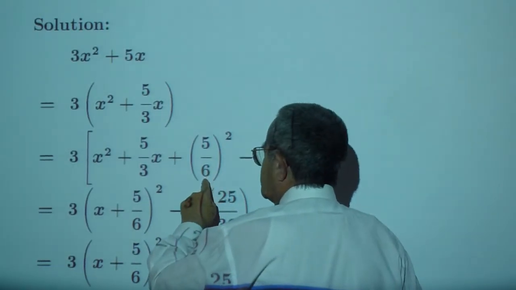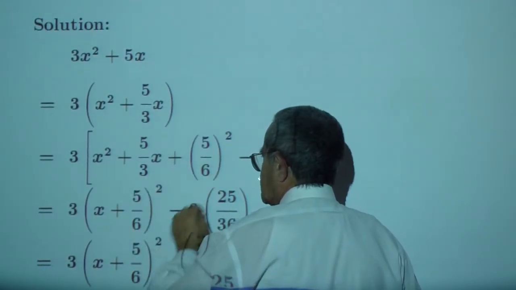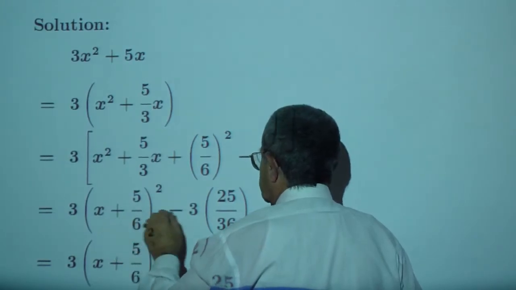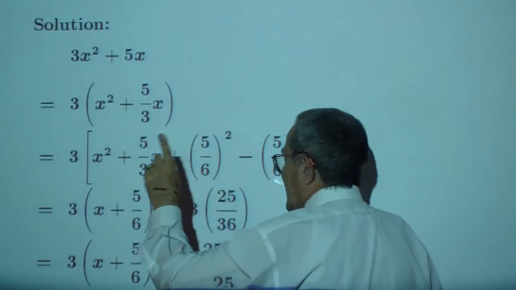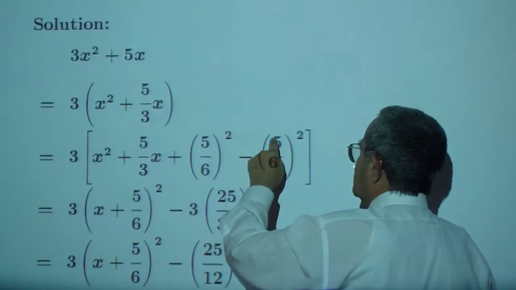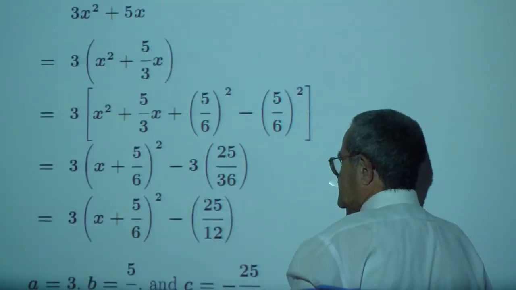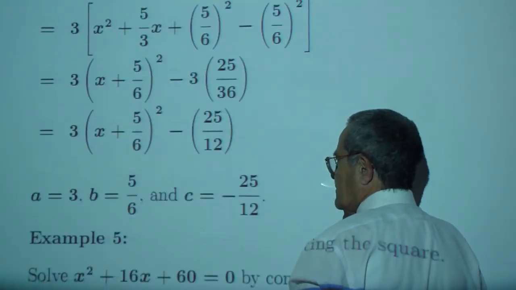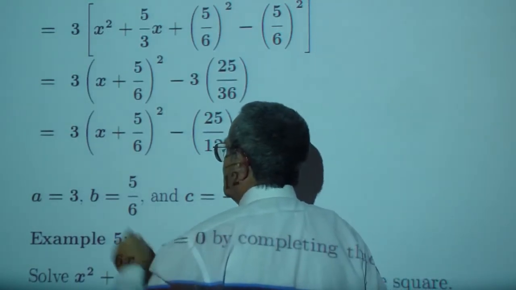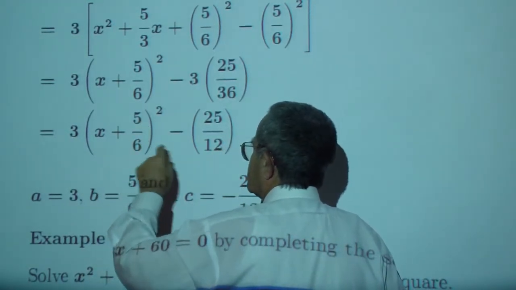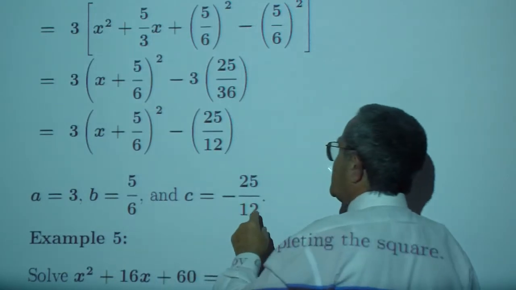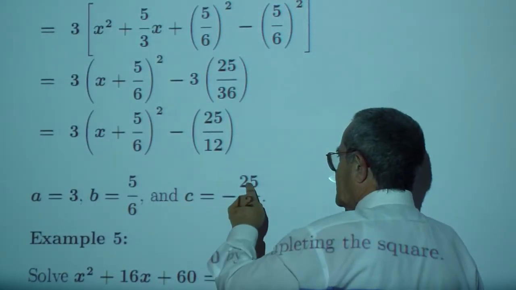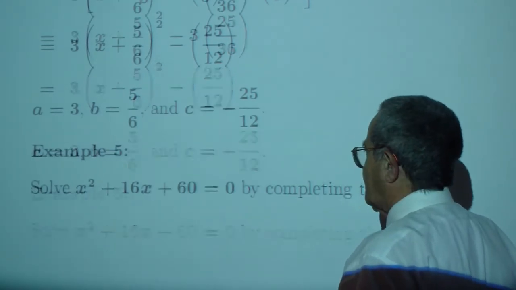Now this is needed to complete the square, so these 3 terms become x plus 5/6 squared. And then I have, be careful, 3 times negative 25/36, which is negative 25/12. So a was 3, b was 5/6, and c, this is plus c, so negative 25/12.